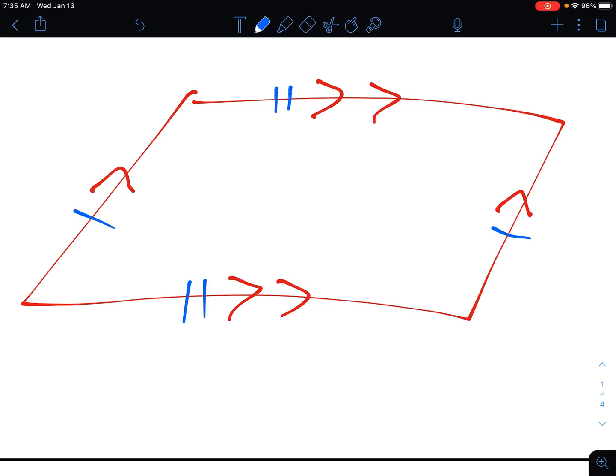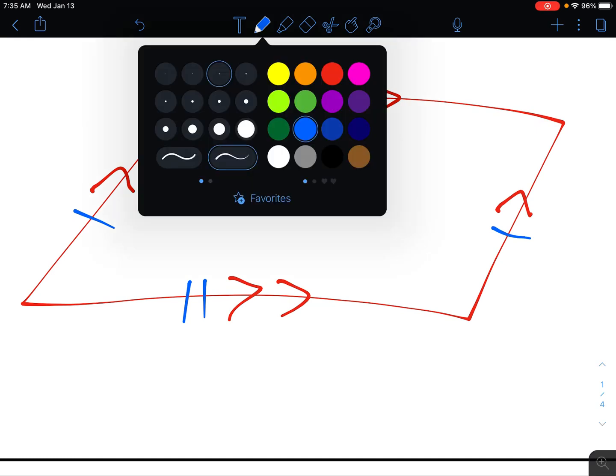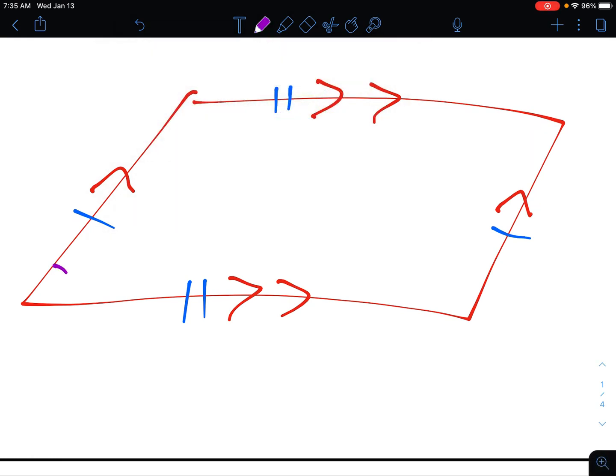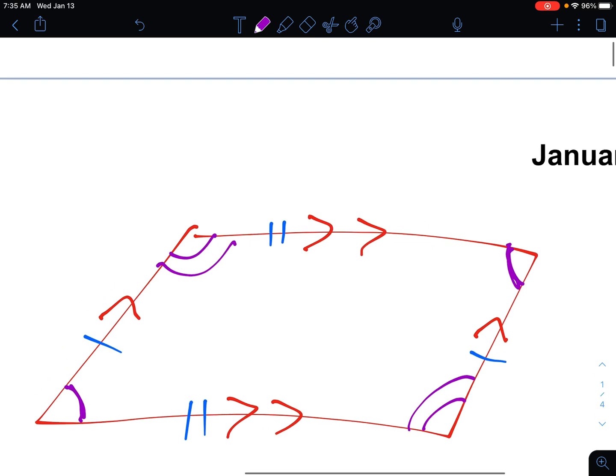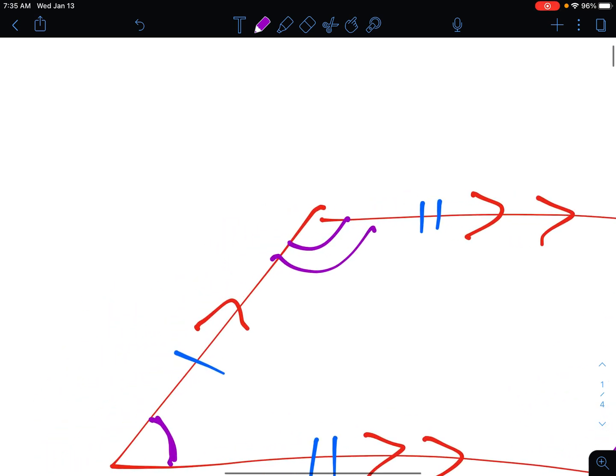Opposite sides are congruent, right? Opposite angles are congruent. And then for the consecutive angles, those are angles right next to each other.